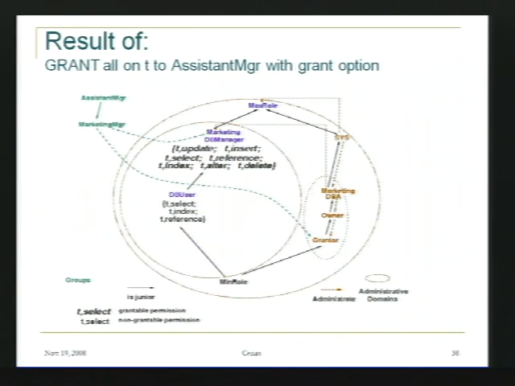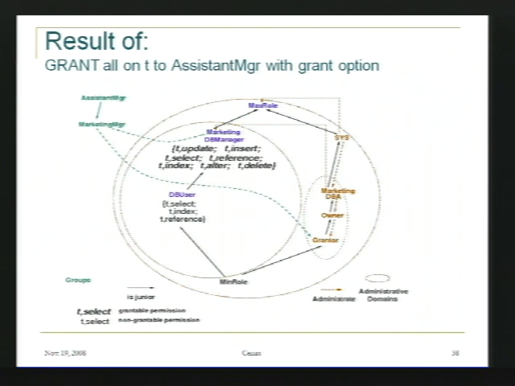And because they're also getting grant option, okay, all of that stuff is currently represented by the role assignments of the marketing manager. And so in the group graph, we just assign the assistant manager to be a subgroup of the marketing manager, and then they're also assigned to the grantor role, and so they have all those permissions with grant option.